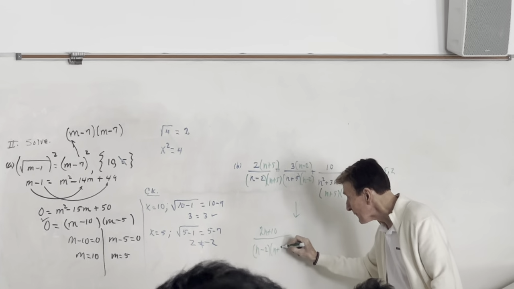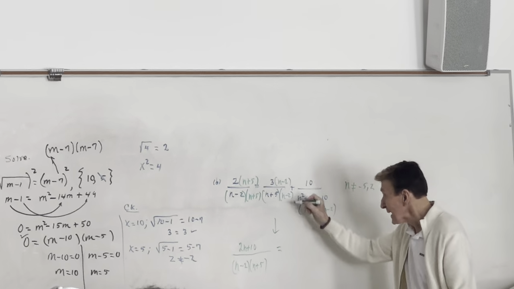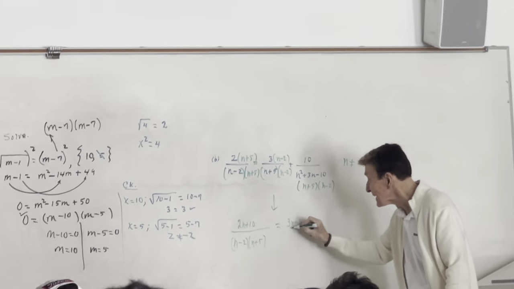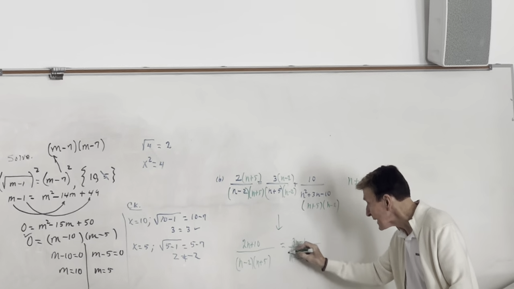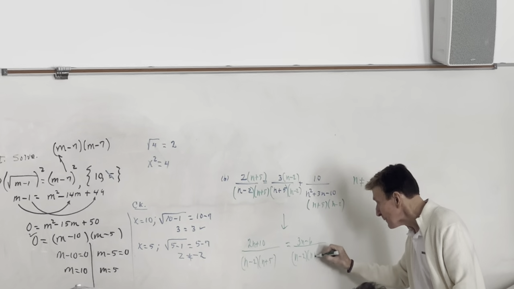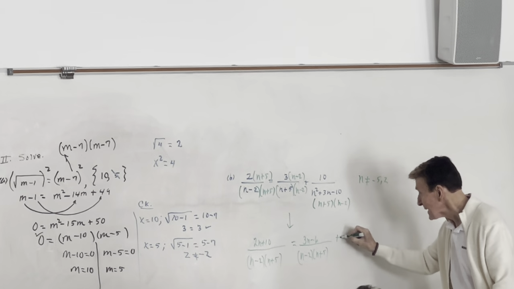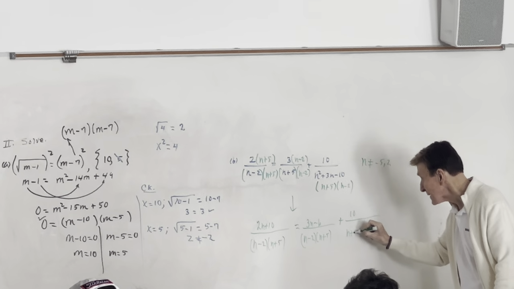I'm not going to multiply it out for a reason. On the other side, I got on top there my numerator, 3n subtract 6. All over, yes, here we go again. I'll write like this in that order. That same denominator. Then of course we got a plus 10 out here over same denominator.